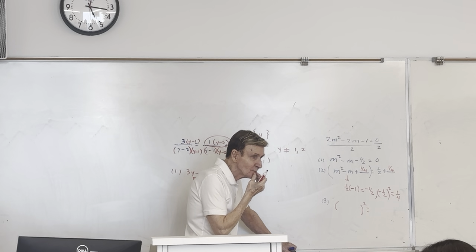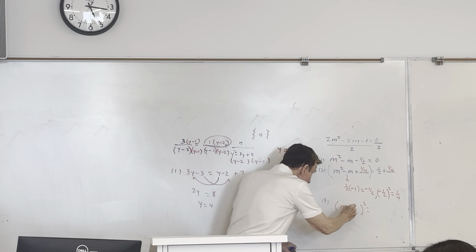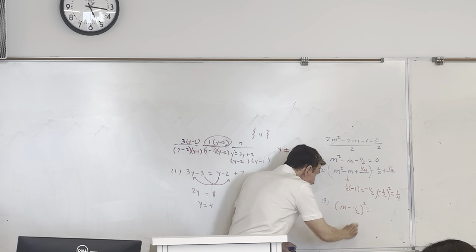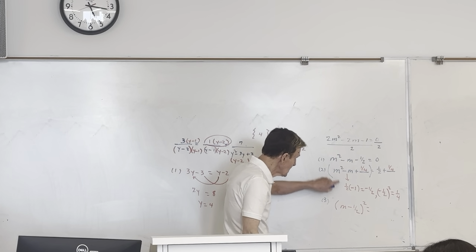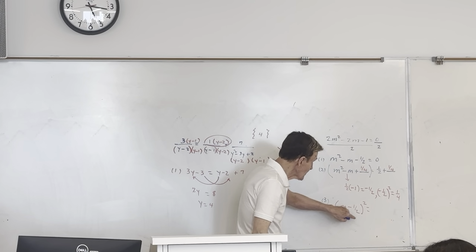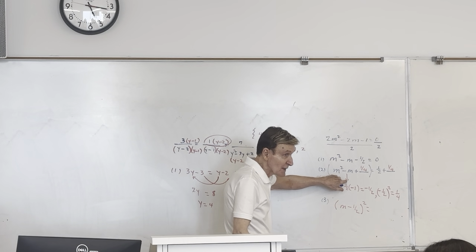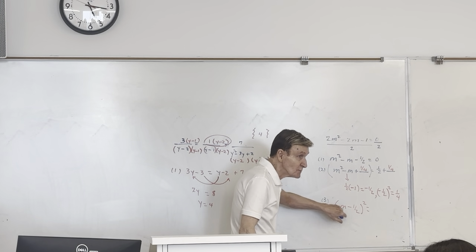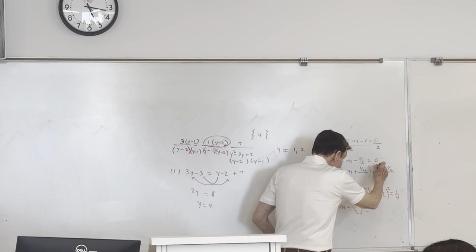Who has an idea? Minus half. m minus 1/2, that's got to be. You square m, you get m squared. You square 1/2, you get 1/4. And if you expand this thing out by FOIL, you also get that minus m. But the key points are these two. The other side is arithmetic.